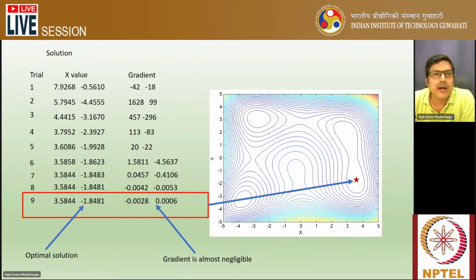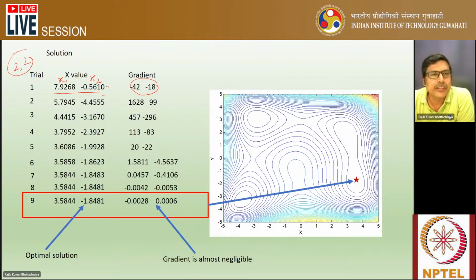The initial solution was (2, 2), and after the first iteration I am getting x1 equal to 7.9268 and x2 equal to minus 0.561, and then the gradient value.